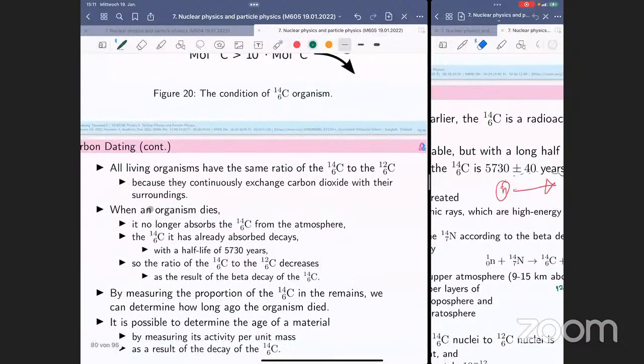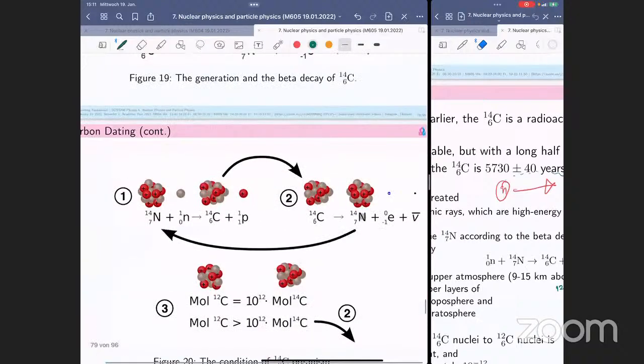But once we die, our body no longer absorbs carbon 14 from the atmosphere because we stop breathing. The carbon 14 already absorbed decays. The amount of carbon 14 will decay because carbon 14 is radioactive.